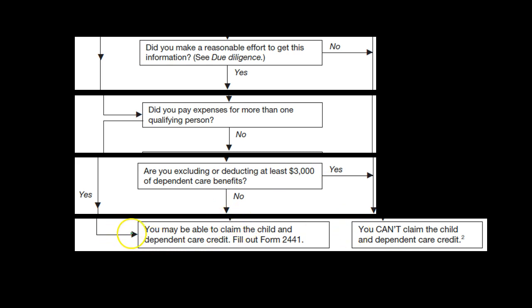If no, then we'll move forward. You may be able to claim the child and dependent care credit. Of course, we can go directly here from here. Did you pay expenses for more than one qualifying person? If that's yes, then we'll move down here. You may be able to claim the child and dependent care credit, fill out Form 2441. If no, we move forward to this item.